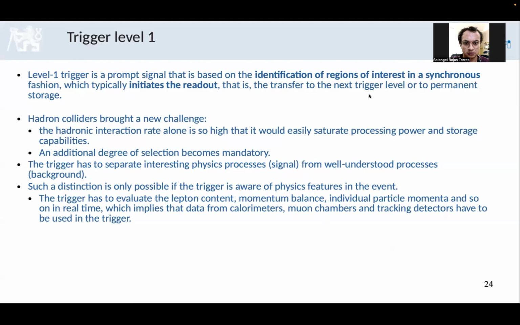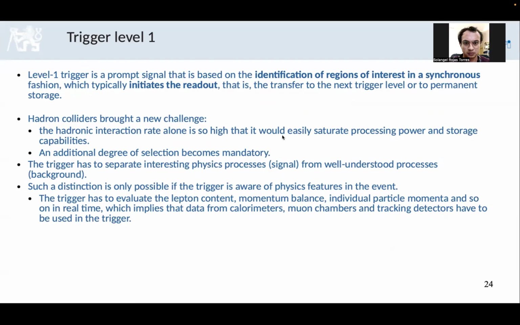And this can be transferred for the next trigger level or permanent storage. Because of the current Hadron Collider, they have very high rates.